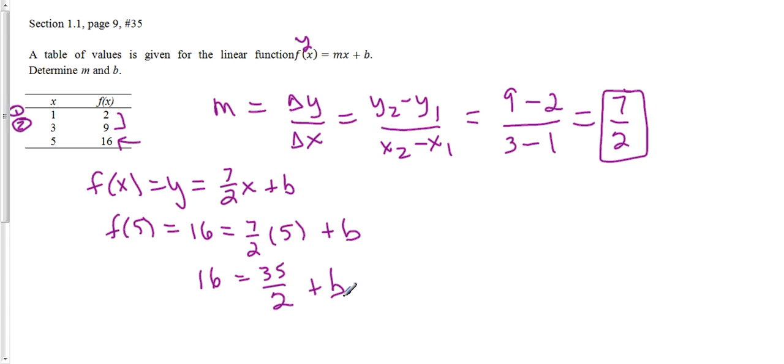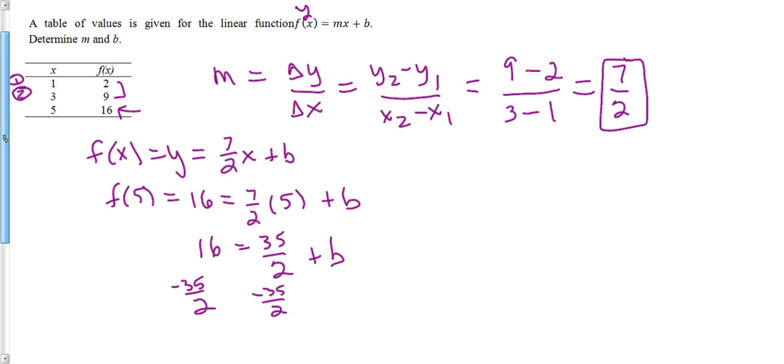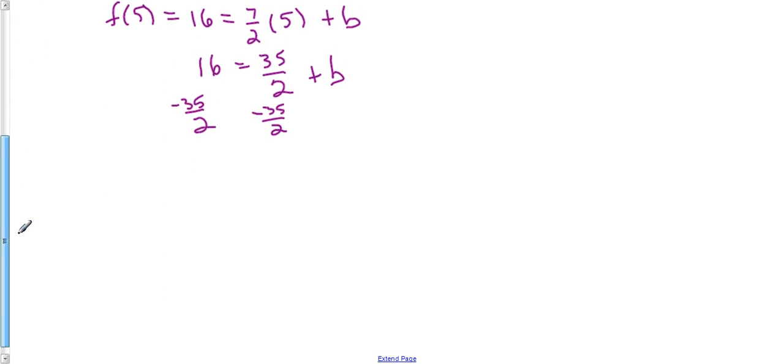And of course, if I'm solving for b, I'm going to need to subtract 35/2 from both sides. And I'm just going to bring this down a little bit so that we can do some more algebra. And if I'm going to do this, I know that 16 is really 32 over 2 minus 35 over 2, and that's going to be equal to b.